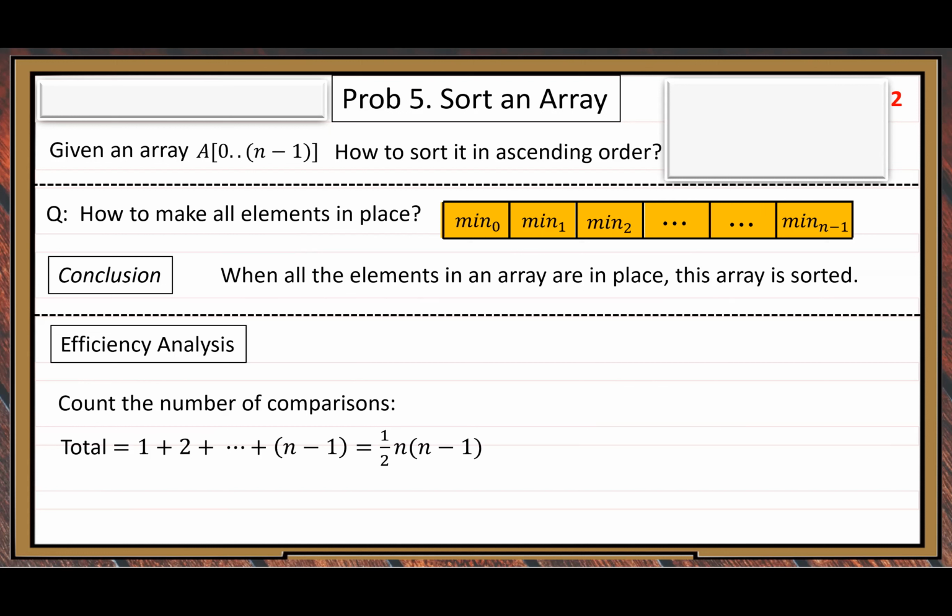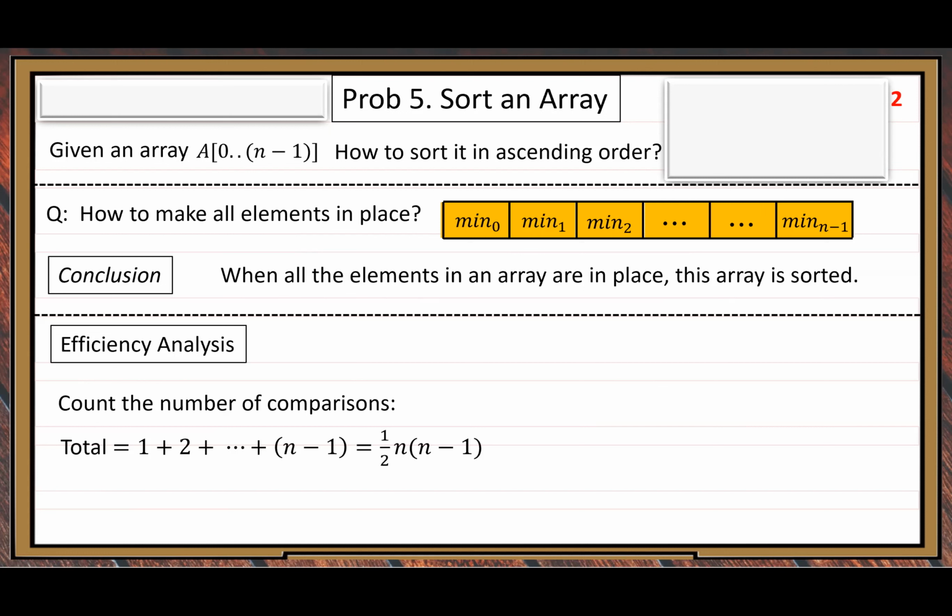The first round, n-1, then n-2, and the last one is 1 comparison. Adding up, the final expression is the number of comparisons for the whole algorithm.